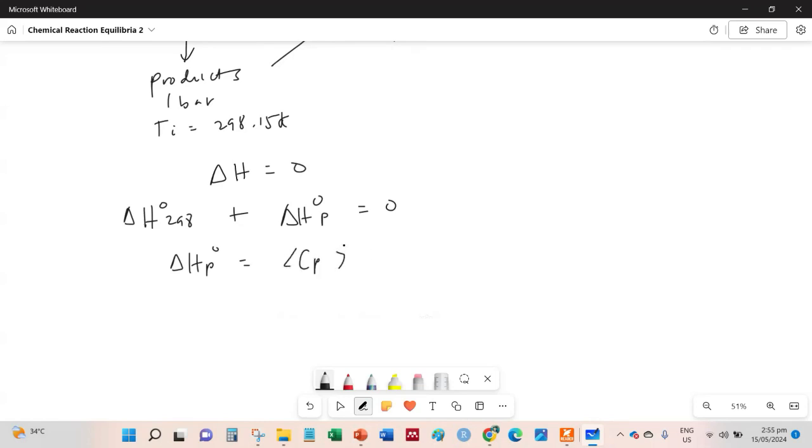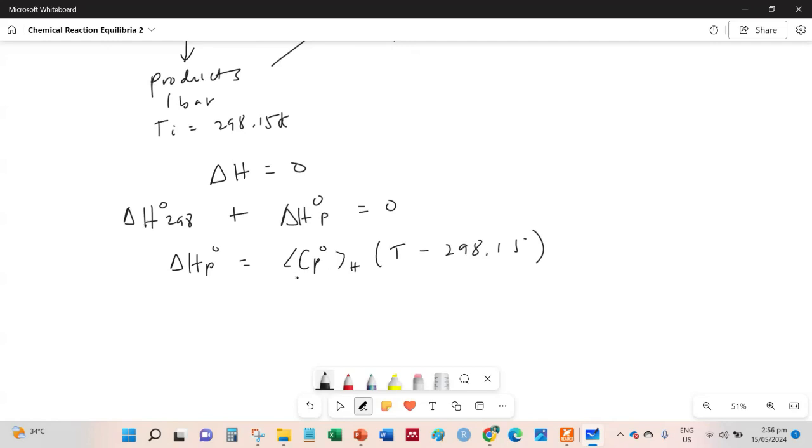Since we have many species, we take the mean CP, which we call the mean total heat capacity, CPH. And of course, we have to multiply it with the delta T. So T, unknown, that's the temperature we're looking for, minus the initial temperature.